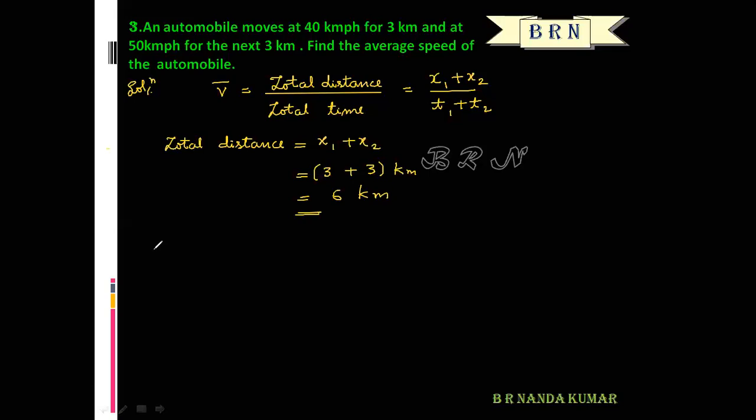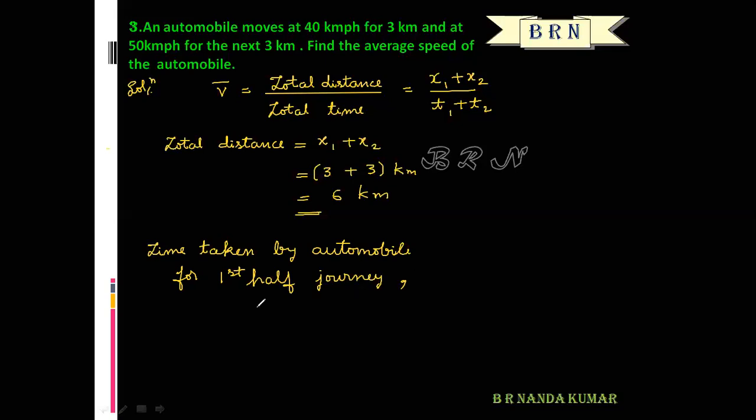So the time taken by the automobile for the first half of the journey, that is T1, is equal to... actually, speed is distance divided by time.